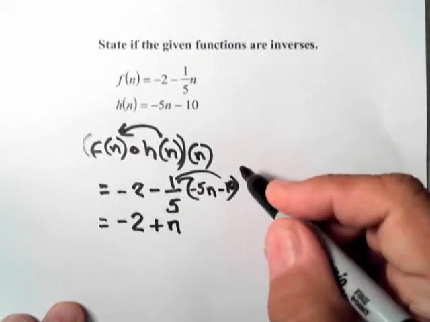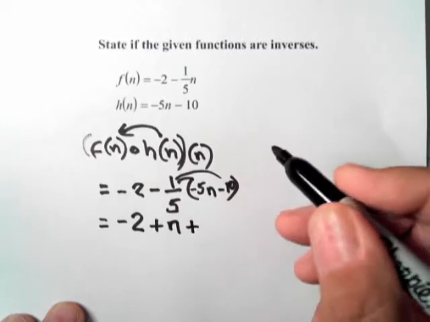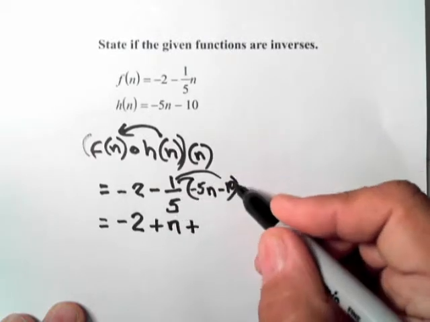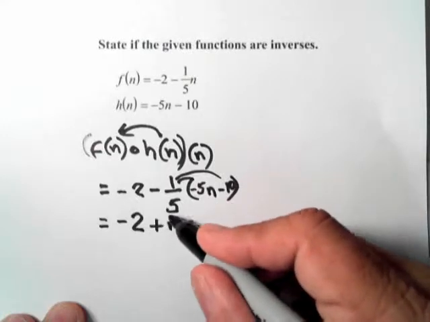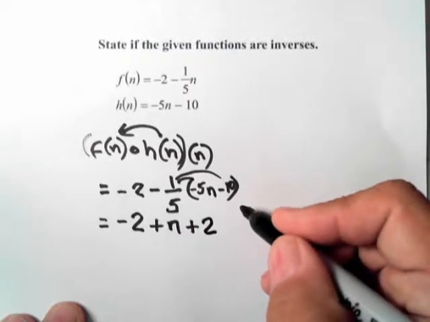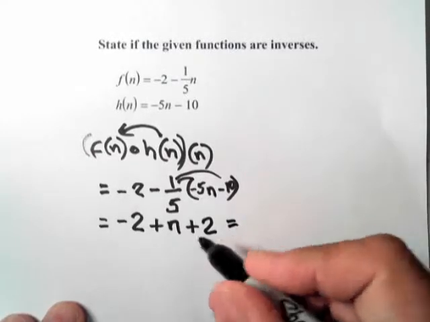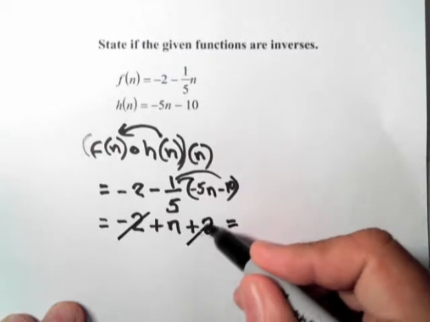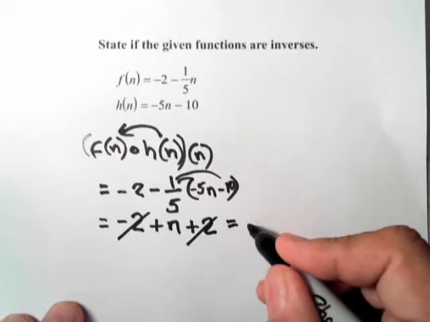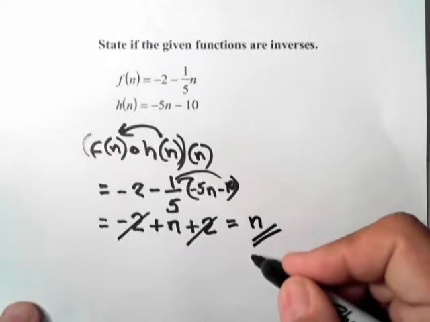For the second part, minus times minus gives me a plus again. And 1/5 times 10, if you reduce it, you end up with 2, but 1/5 of 10, I think you probably see, is 2. Well, look what happens here. The minus 2 and plus 2 knock each other out, and there it is. We're just left with n.